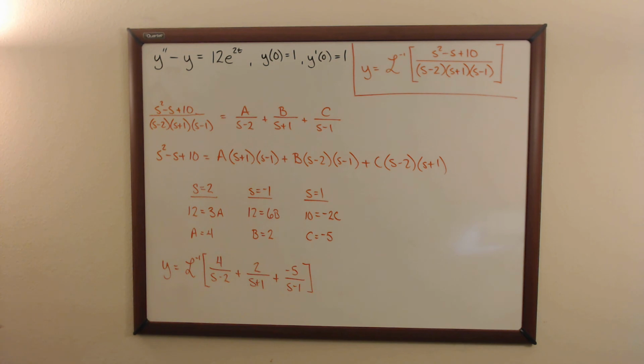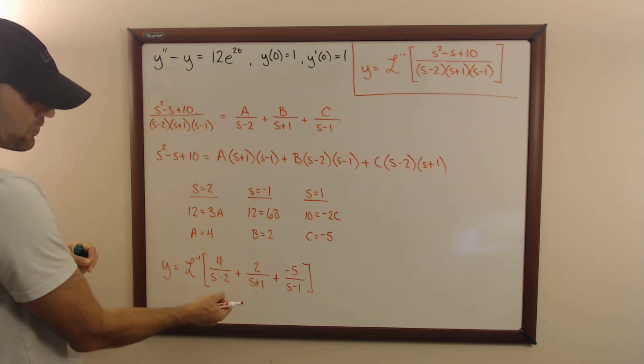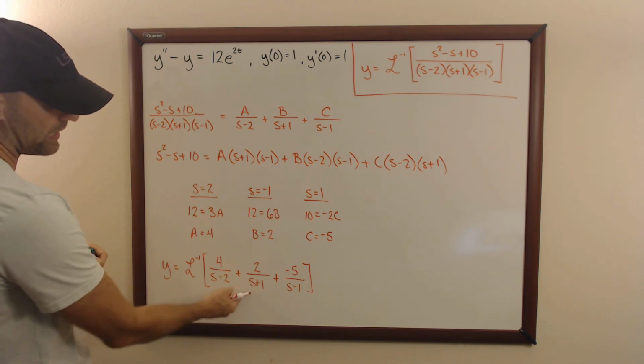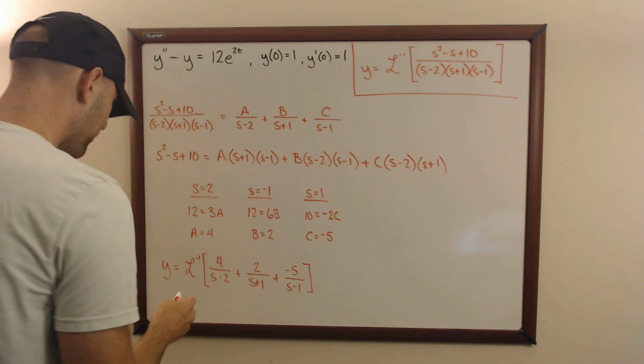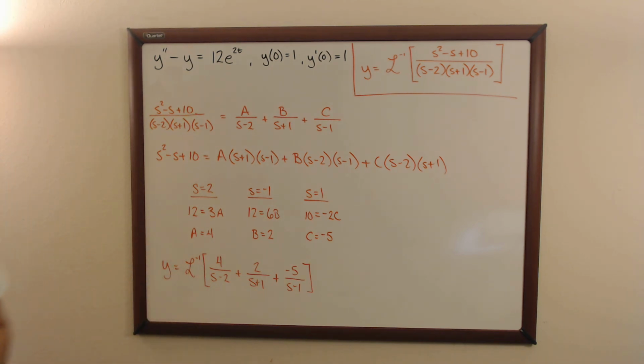Okay. And what is this equal to? Well, these scalars can be taken out from each of these individual inverse transforms. And then, of course, these are all exponential functions, right? This leads me to, let me erase this stuff, I'll write it above.